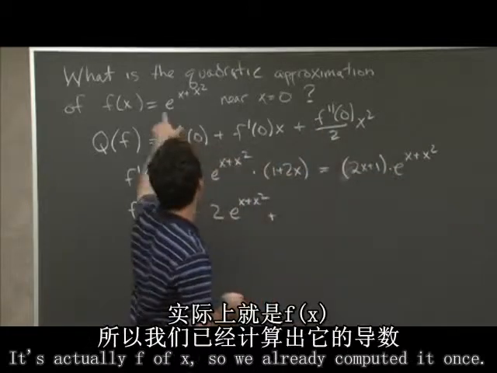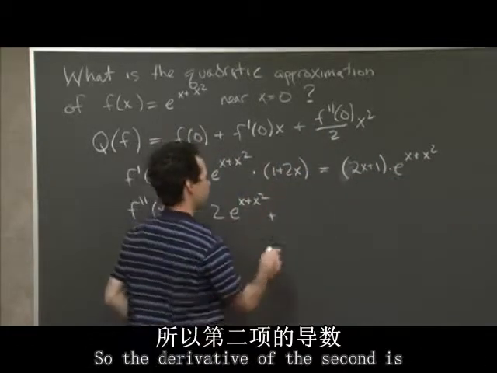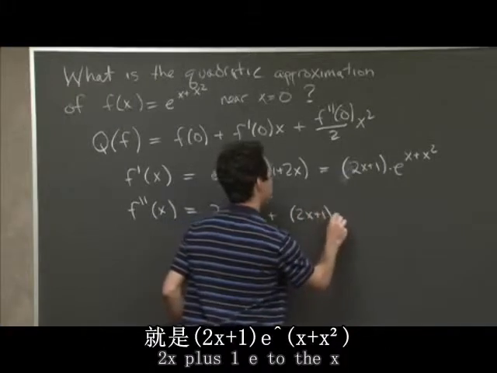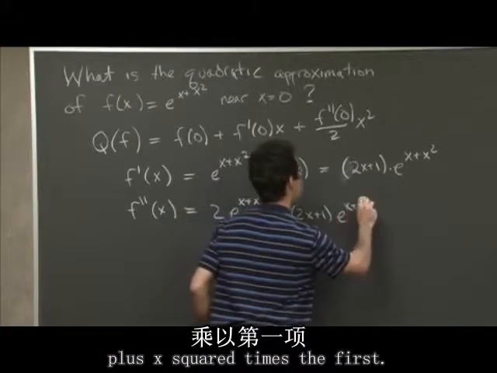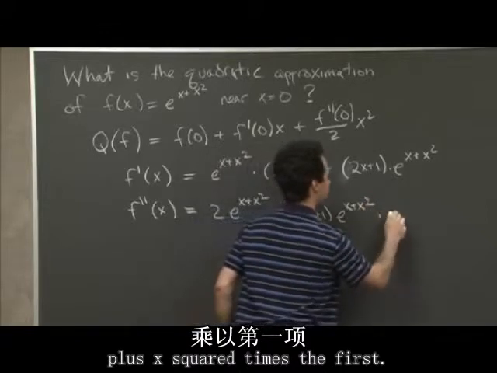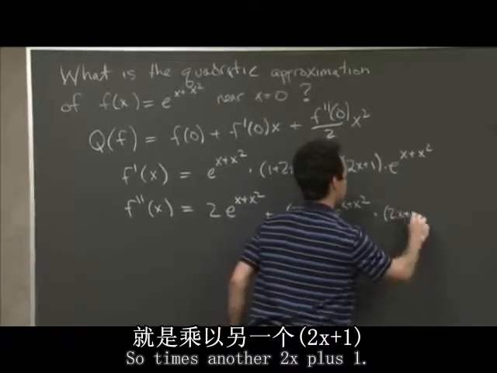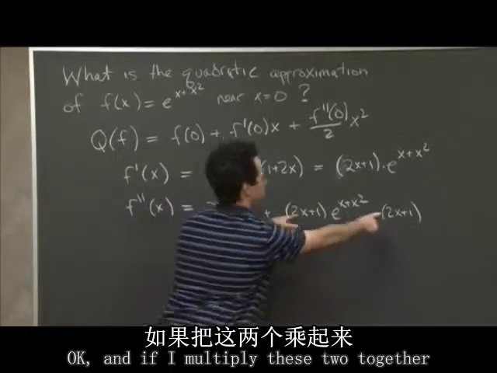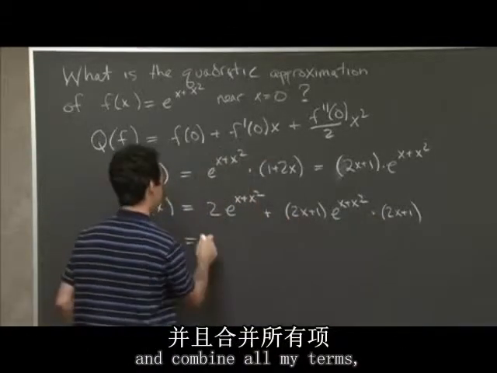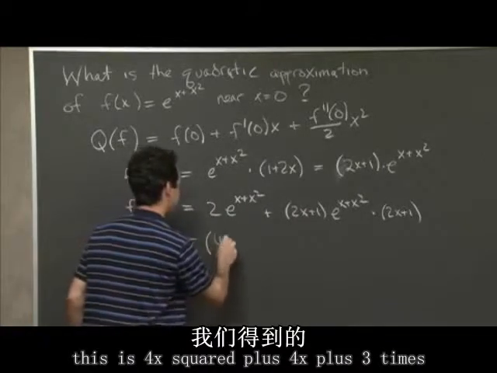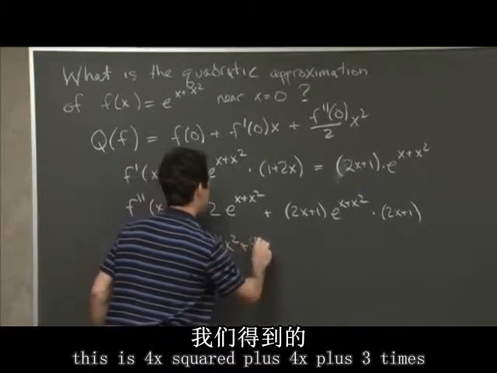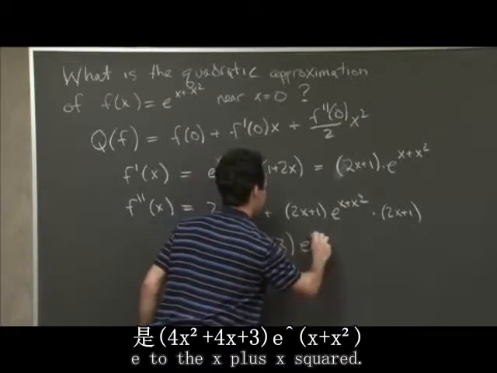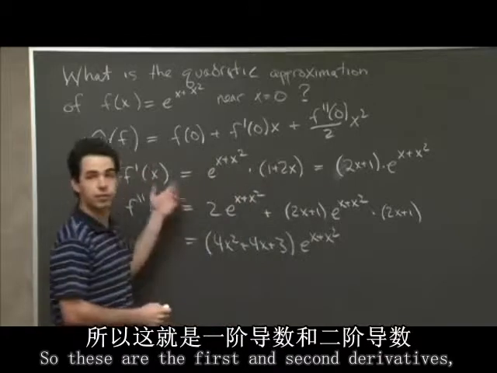It's actually f of x, so we already computed it once. So the derivative of the second is 2x plus 1 times e to the x plus x squared, times the first, so times another 2x plus 1. If I multiply these two together and combine all my terms, this is 4x squared plus 4x plus 3 times e to the x plus x squared. So these are the first and second derivatives.